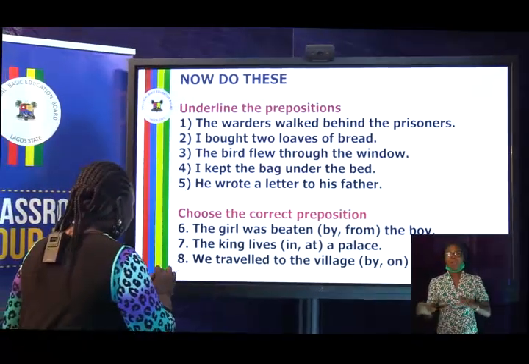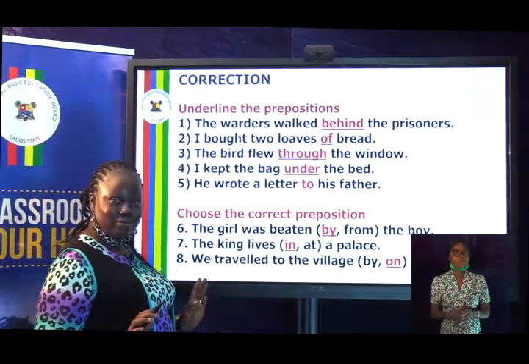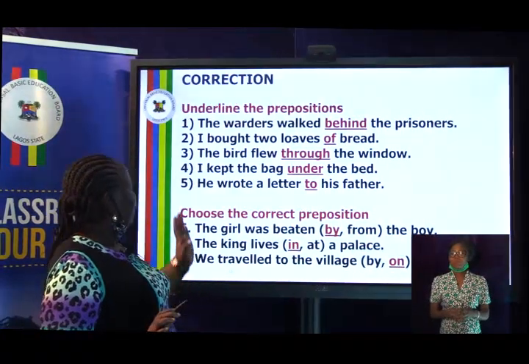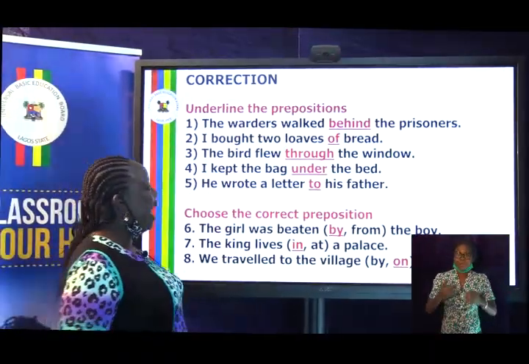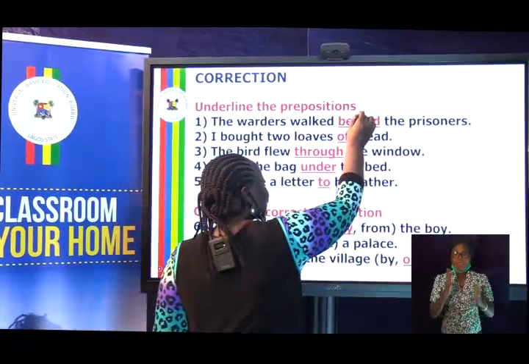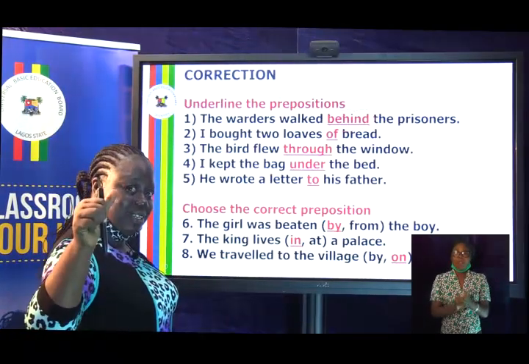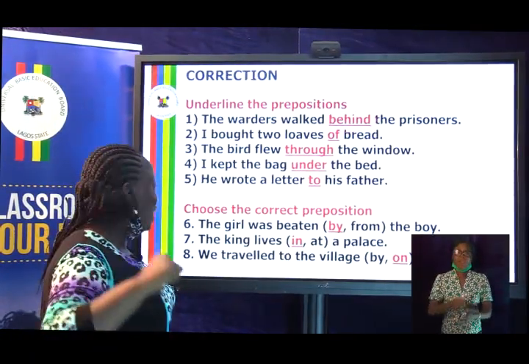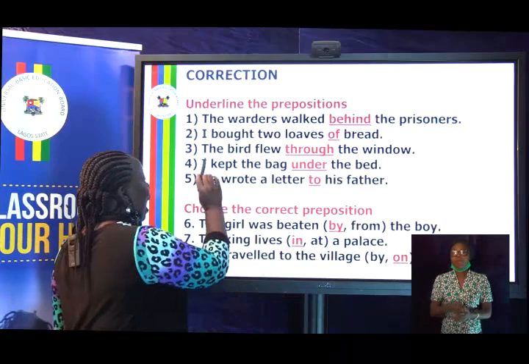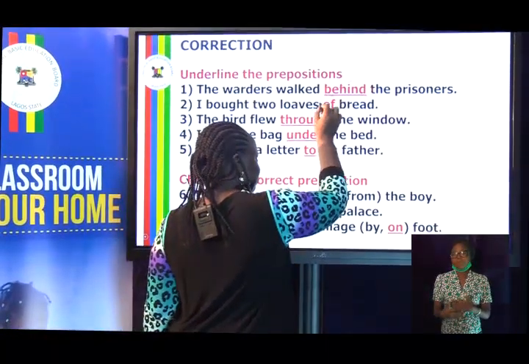Now, let's do the correction together. The warders walked behind the prisoners. Did you underline behind? If you did, that's my boy, that's my girl. I bought 2 loaves of bread.